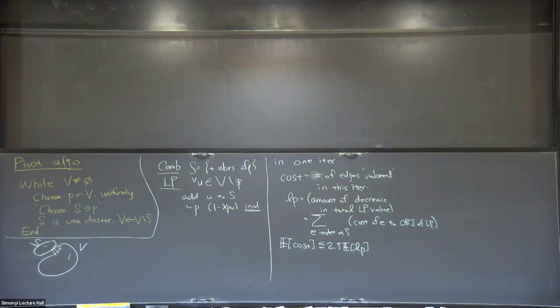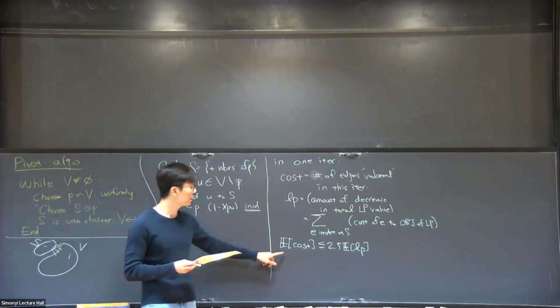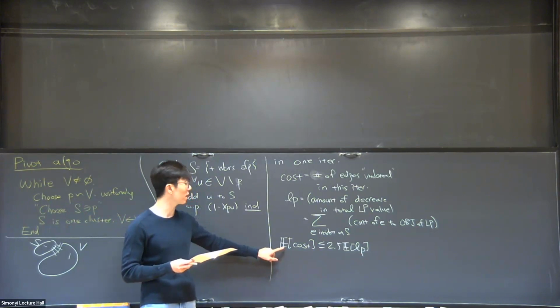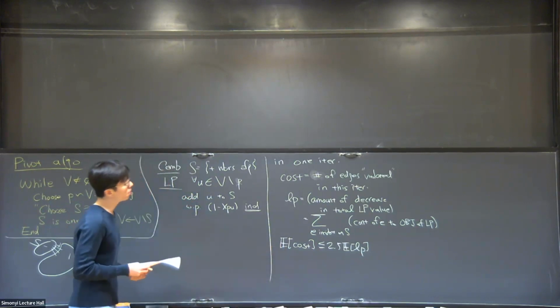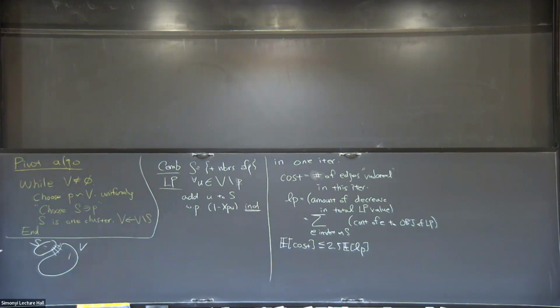If you look at all the iterations, the total cost is the summation of the costs of the iterations, and the sum of the LP values can be at most the initial LP value. So it suffices to prove this inequality for one fixed iteration. Is it good?